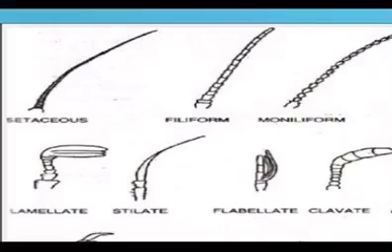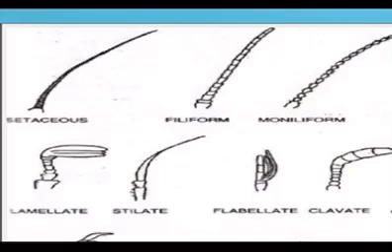Next is moniliform antenna. In moniliform antenna, all the annuli are rounded. They look like pearls or beads, and it looks as if the antenna is a beaded garland or mala.